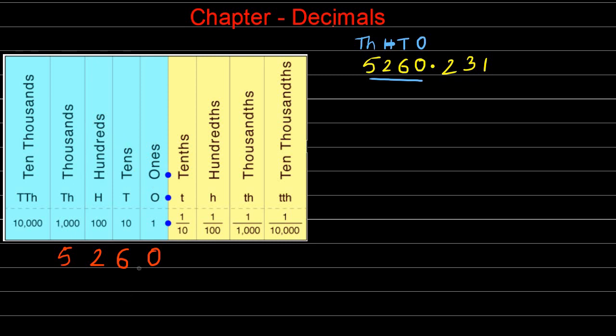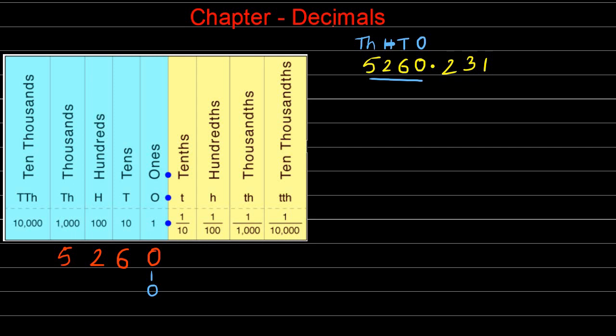Now the place value of these digits totally depends on which place they are present. For example, if 0 is present at 1's place. In case of 0, let me tell you, if 0 is present at any place, its place value is always 0. You don't need to worry about which place it is at, 10's place, 100's place.